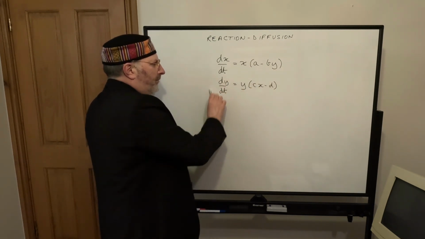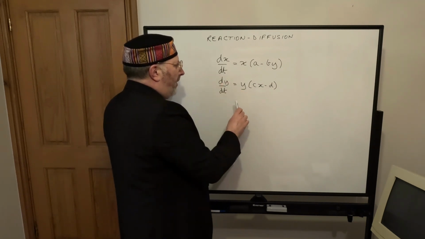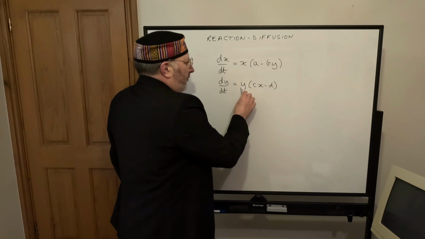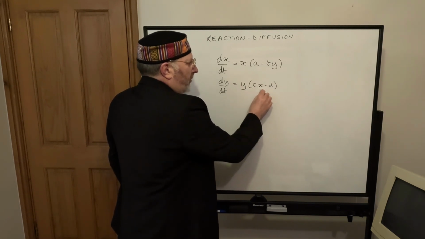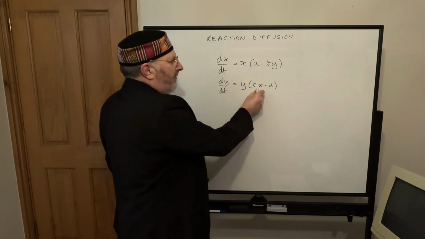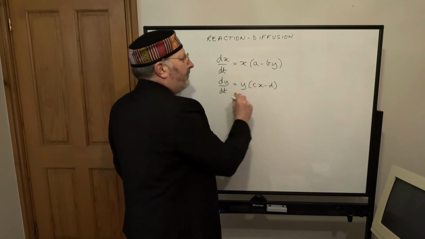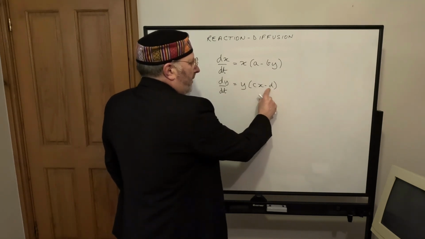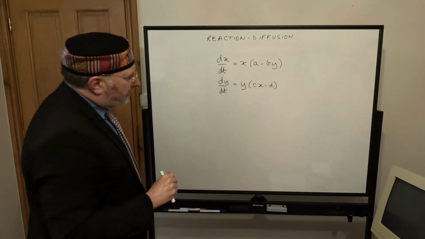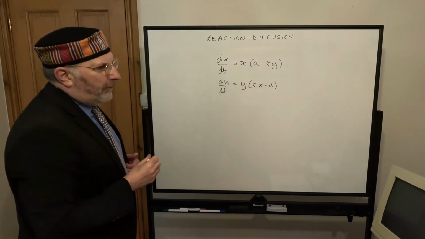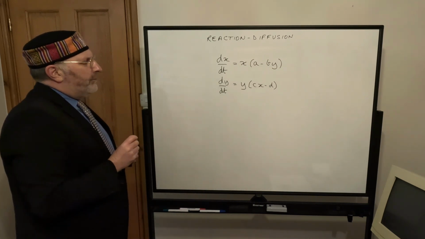And similarly for the predators, the growth of their population is proportional to the population, and it's increased by the prey. The more prey there are for them to eat, the faster their population will increase. But it has a natural tendency to decrease in the absence of the prey. So that's the standard Lotka-Volterra equations that we considered in the calculus part of the course.